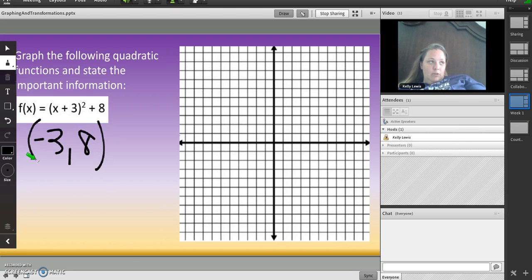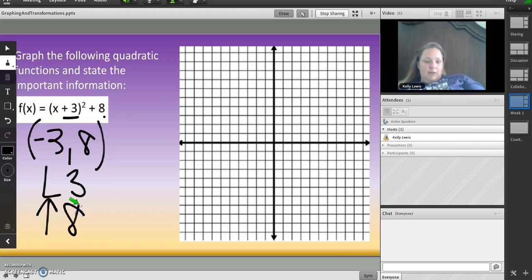He's positive, so he's not going to move right. He's going to move left 3, and then he's going to move up 8. So instead of being like this, he's going to move left 3, 1, 2, 3, up 8, 1, 2, 3, 4, 8. And that point is -3, 8, and you just draw it.